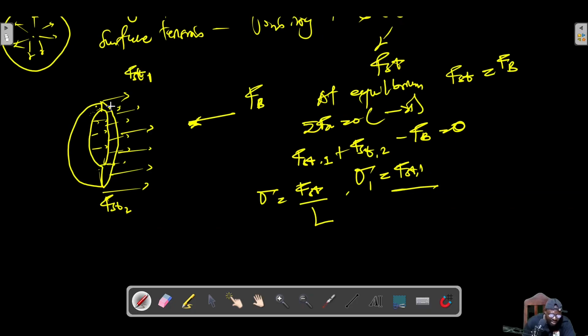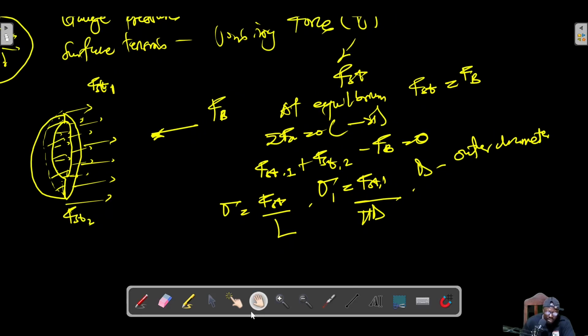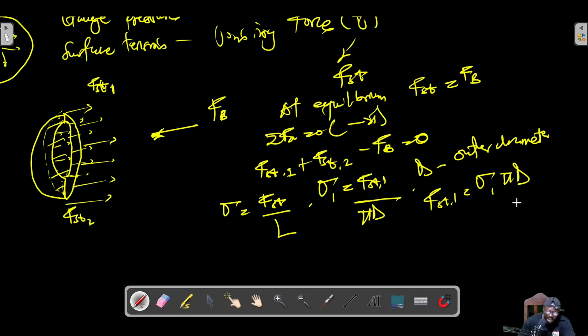And the total length is basically your circumference created by the larger diameter, so pi D, if my outer diameter or larger diameter is capital D. Then I can say that my surface tension force for the first interface will be sigma 1 times pi D.